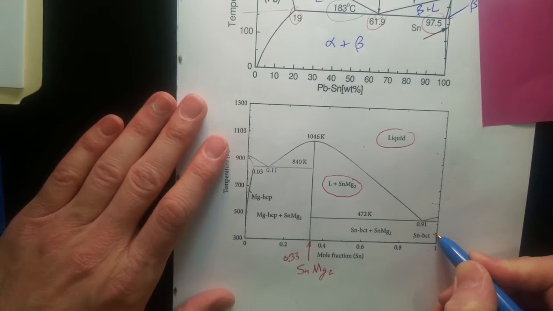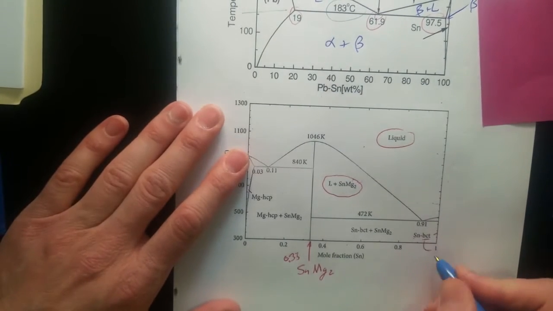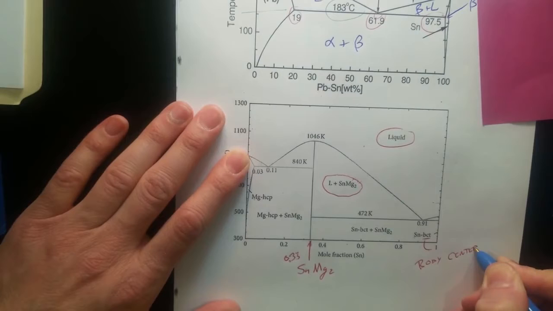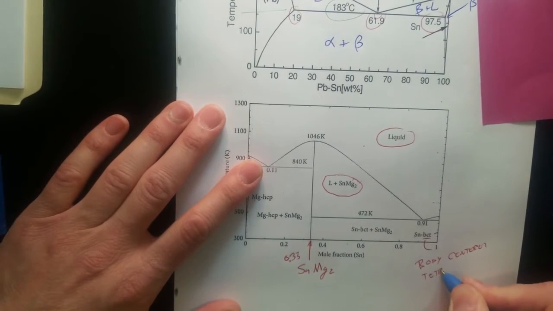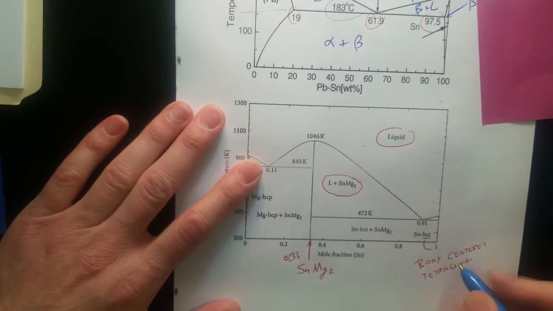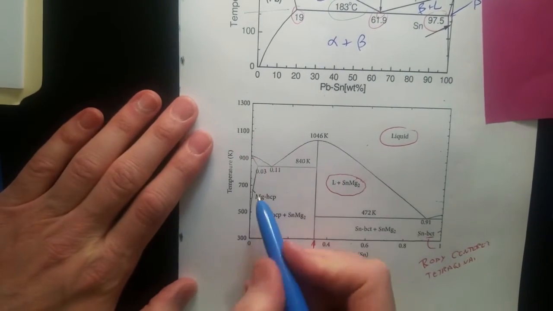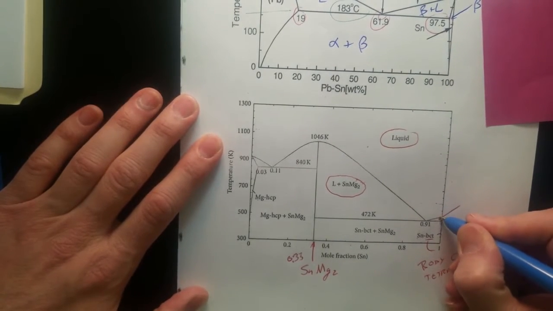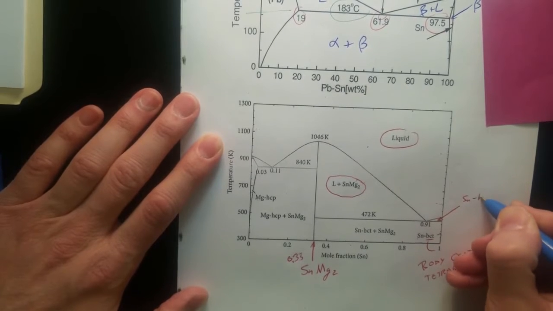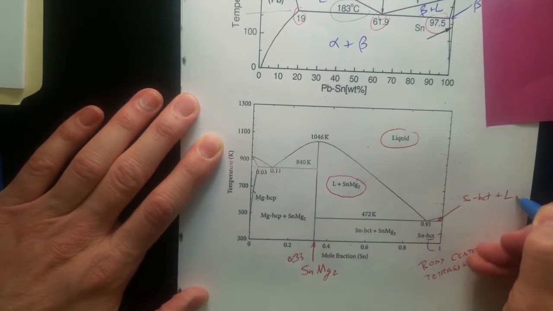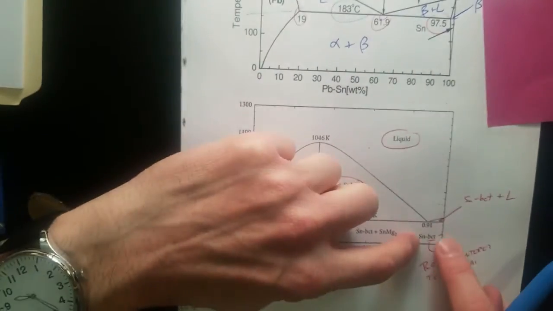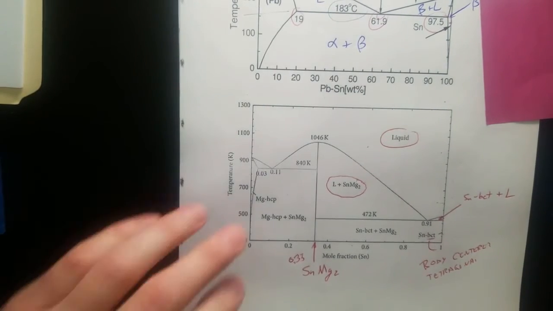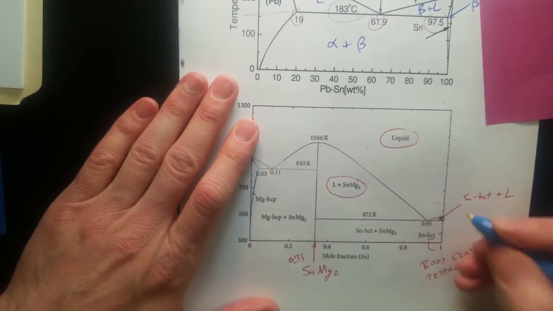This they're identifying as the line compound, tin BCT, which is body-centered tetragonal. So it's a line compound, which means that this region is Sn BCT plus L, because it's the region which sits between liquid and the body-centered tetragonal. And the place where they touch is this little tiny line right there.